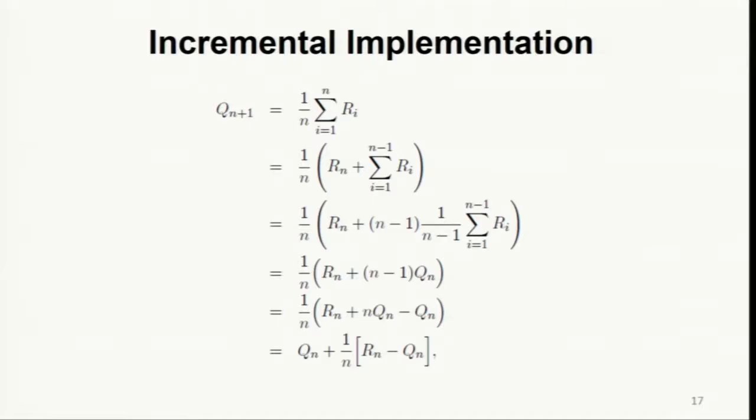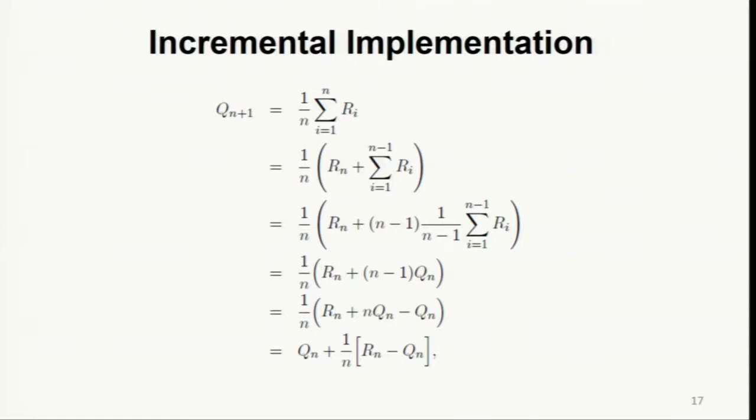Now, what is the incremental update? Because you want to do it online. You pull and then you update over time. So how do you evaluate Q_{n+1}? Q_{n+1} is the sum of all the returns from i equals 1 to n, divided by n. This is the average, right? But what we should do here is separate out R_n, and then the sum from 1 to n minus 1 is actually Q_n.